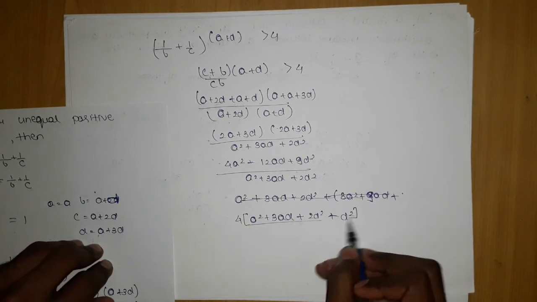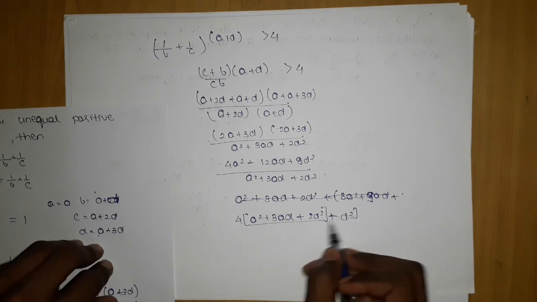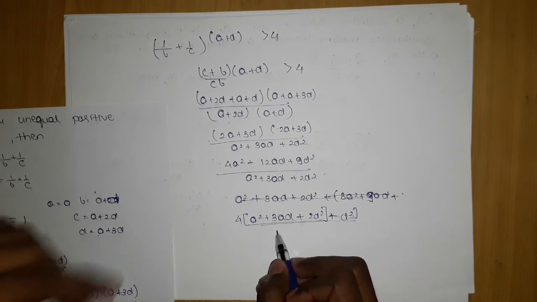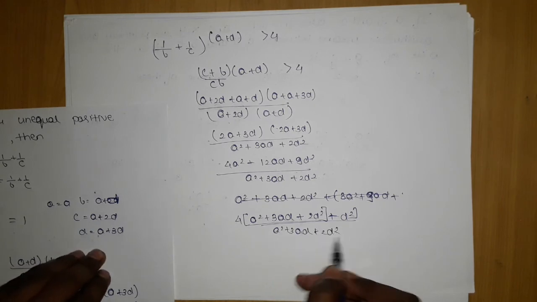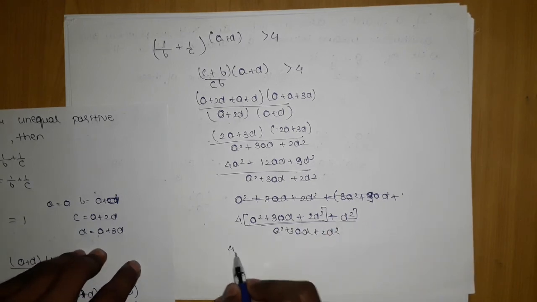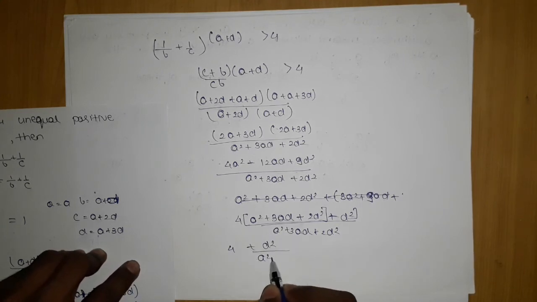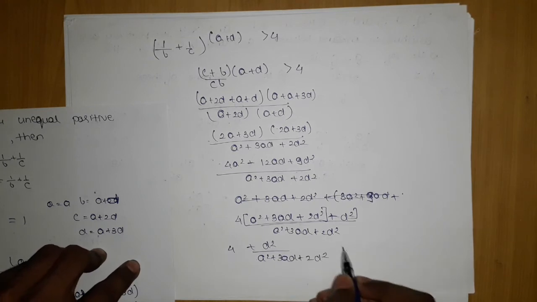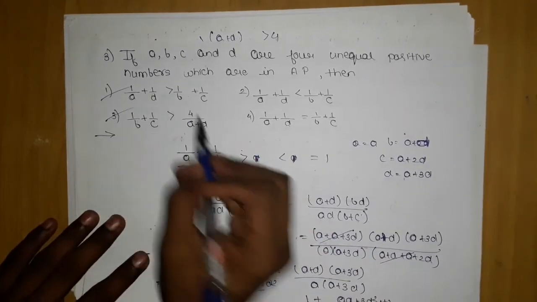So here I have taken 4 common outside, and D I have taken separately. From here I have taken 4 common outside, and the left thing is A square plus 3AD plus 2D square. So if I break this up, this part will become the same, and the 4 plus A square plus 3AD plus 2D square. So it is greater than 4. So the first and the third options are the correct answers.